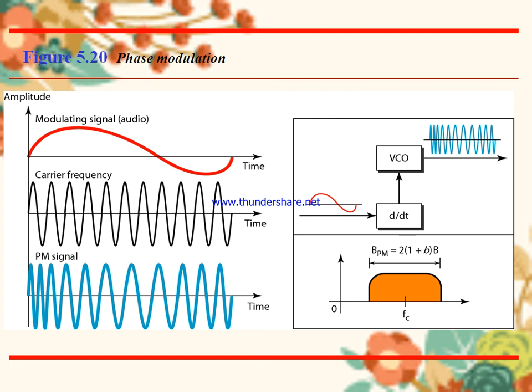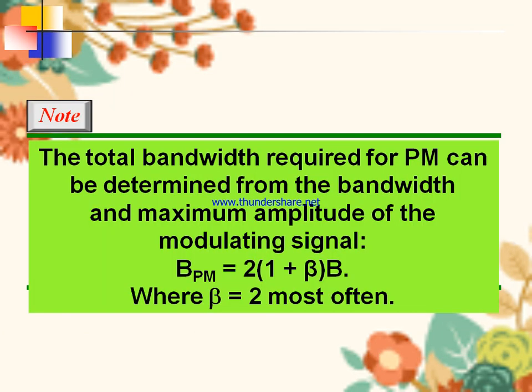So here also we can consider it similar to amplitude modulation. Bandwidth of phase modulation equals 2 into (1 plus beta) into B, where beta is 2, so that is approximately equal to amplitude modulation. So the total bandwidth required for phase modulation can be determined from the bandwidth and maximum amplitude of the modulating signal.